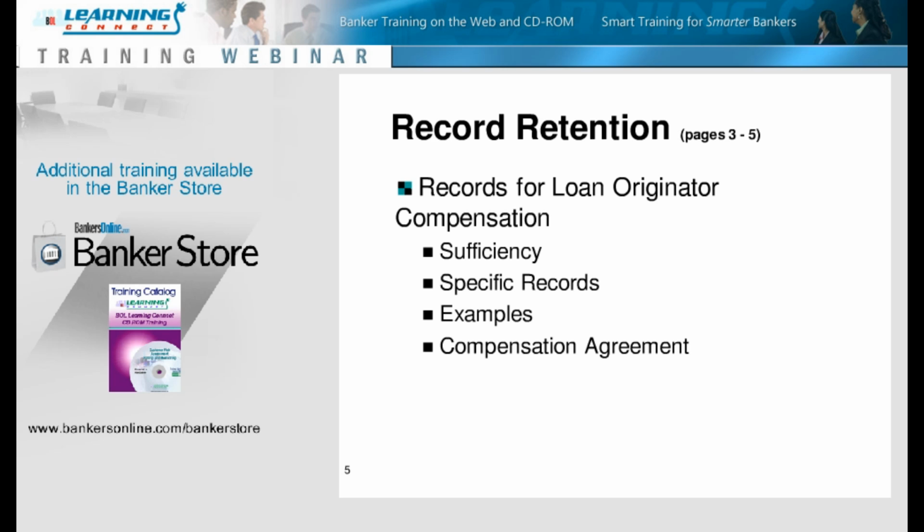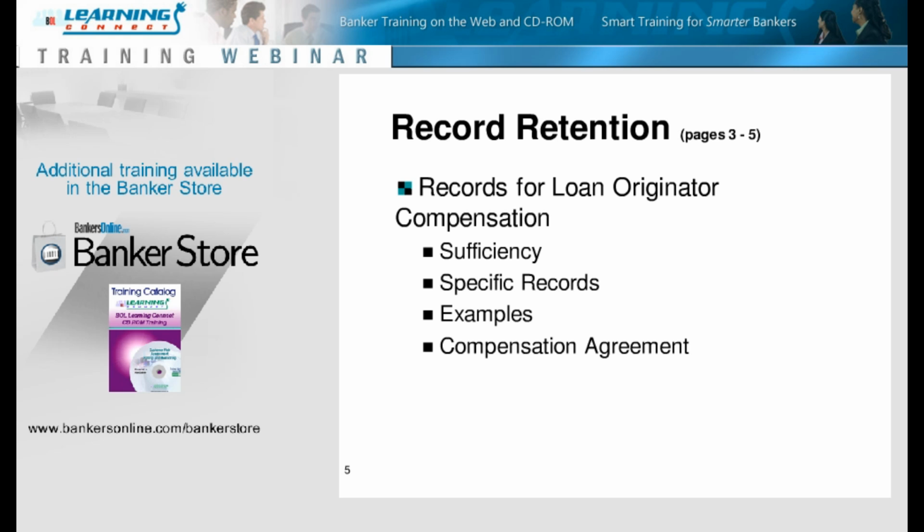So in this case, first of all, let's look at what you keep if the compensation was in the form of salary. Well, you're going to keep the things that you file with the Internal Revenue Service, for example, W-2s, 1099 miscellaneous forms, things of that nature.